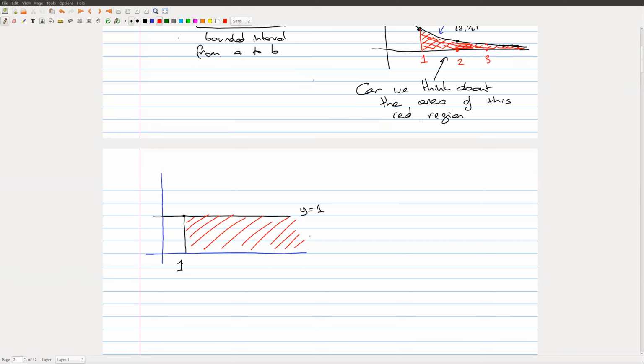That area is certainly infinite. There's no way you could expect it to be a finite number, because it's the infinite length multiplied by 1.